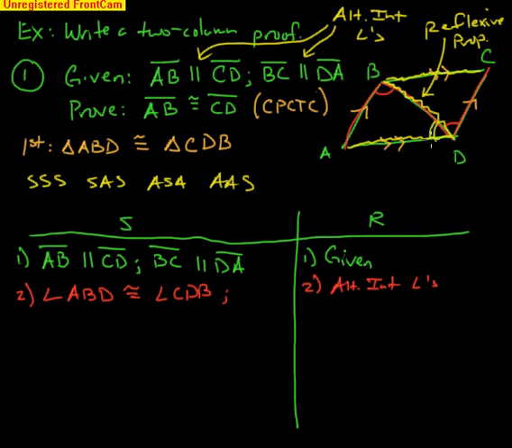Well, I think it's this one right here and this one up here. What is this? This is ADB, congruent to, again, use the correspondence, ADB, CBD. Again, they're alternate interior angles.